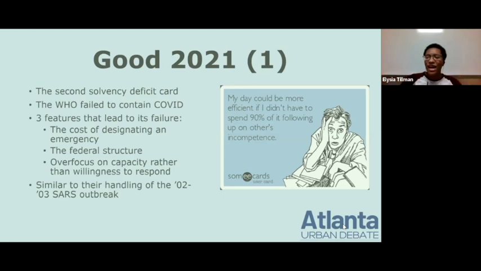So imagine if everyone had all the equipment, all the gear they needed, everyone was ready to go, but then they're just sitting on their hands and they're like, well, I'm not actually going to do anything with this. And that's kind of what happened. So this card and the second one actually talk about how in 2002 and 2003, there was a SARS outbreak that was similarly fumbled. And this is kind of just a repeat of that, where the WHO is just really ineffective at handling outbreaks.